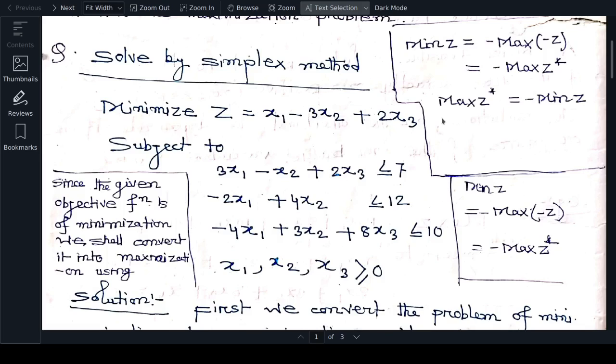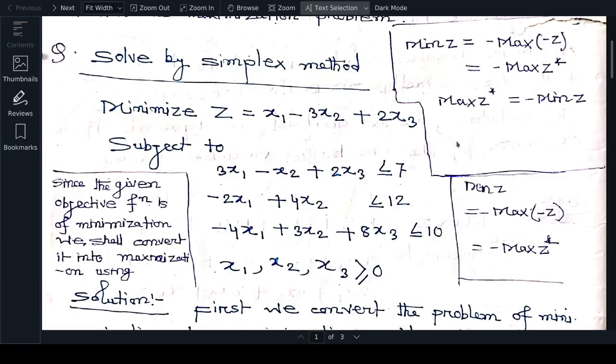Second constraint: minus 2x1 plus 4x2 less than or equal to 12. Third constraint: minus 4x1 plus 3x2 plus 8x3 less than or equal to 10, and x1, x2, x3 greater than or equal to 0. All of you got this problem?